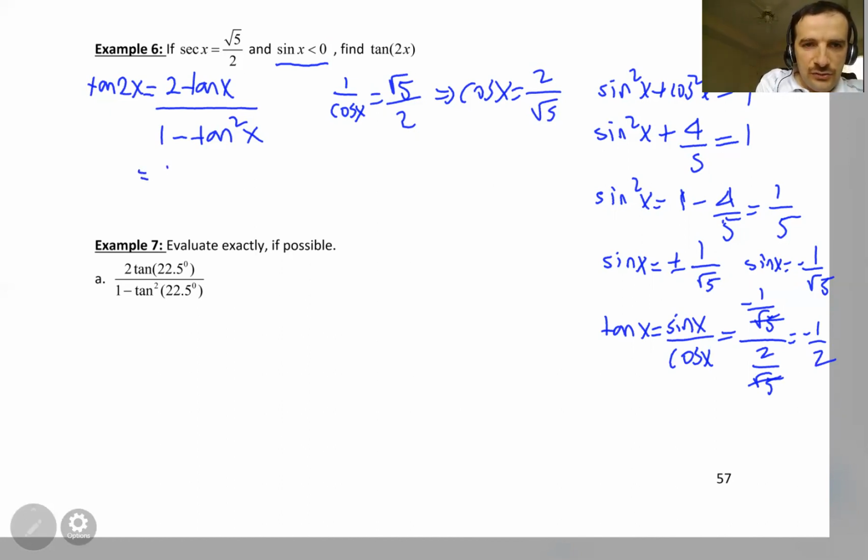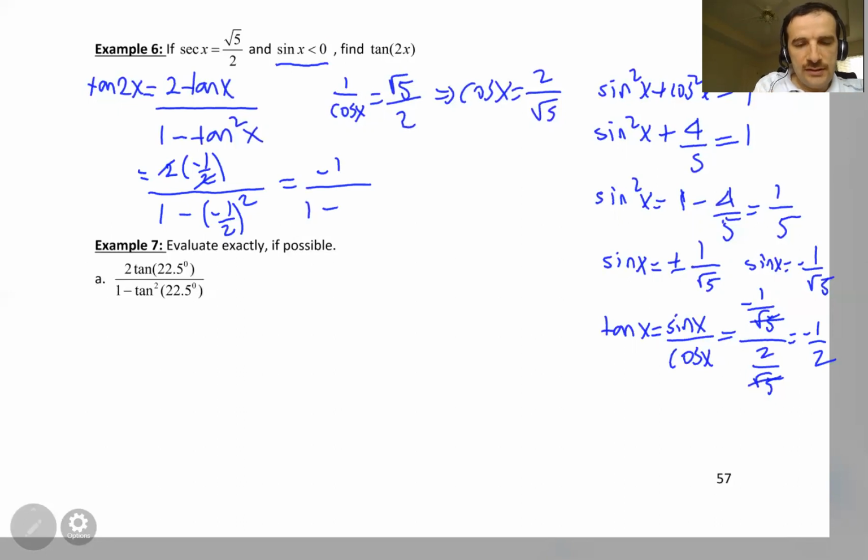So that's equal to 2 times negative 1/2 divided by 1 minus negative 1/2 squared. So 2 times negative 1/2, I can simplify these twos, just negative 1 over 1 minus, what's negative 1/2 squared? It is 1 over 4, right?